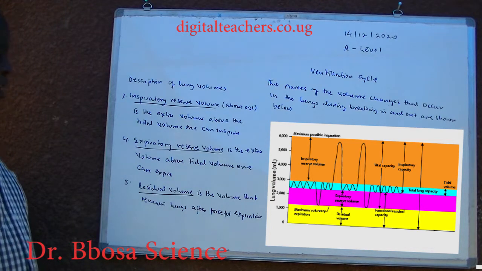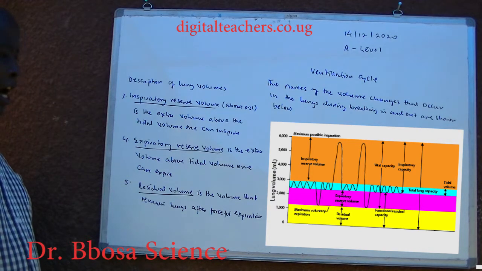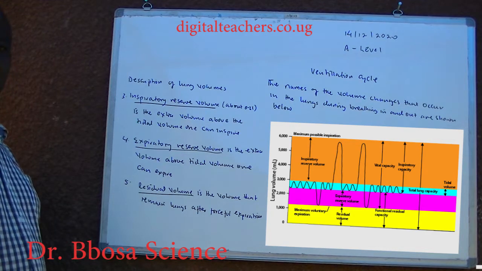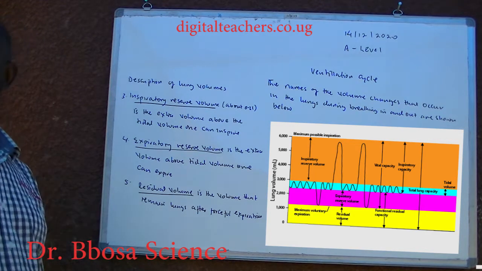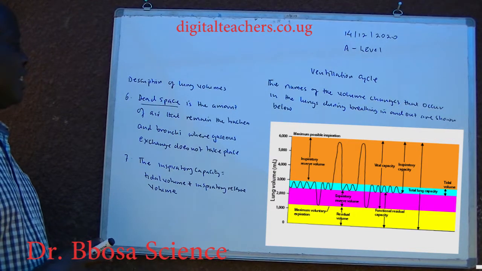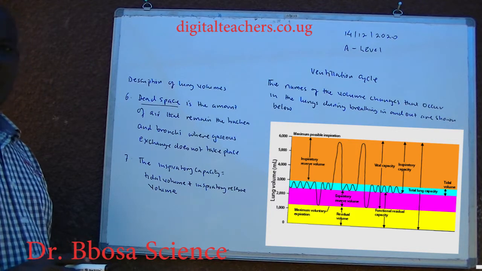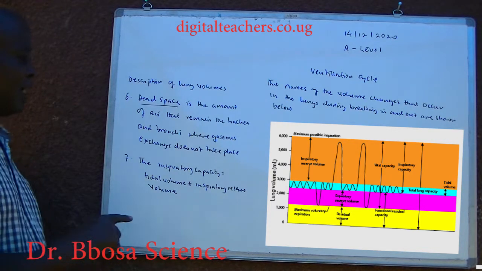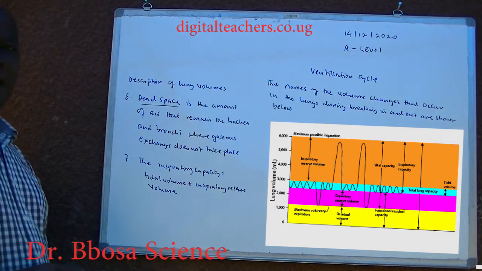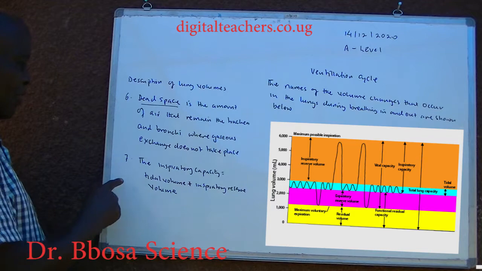5. Residual volume is the volume that remains in the lungs after forceful expiration. 6. Dead space is the amount of air that remains in the trachea and bronchi where gaseous exchange does not take place. 7.